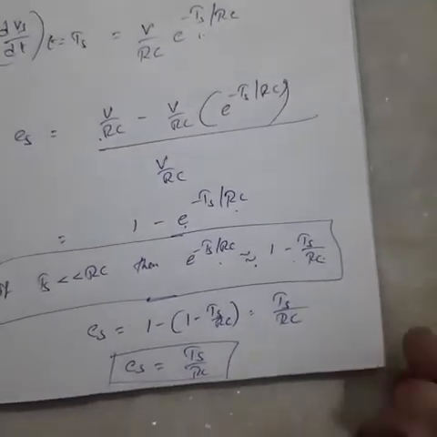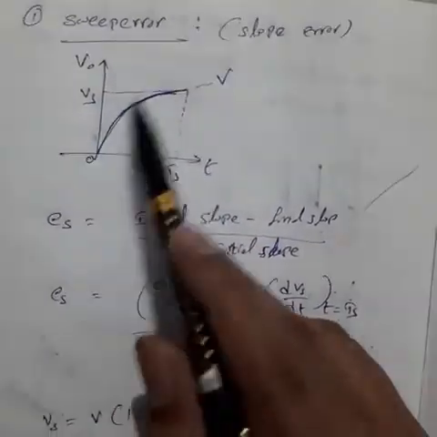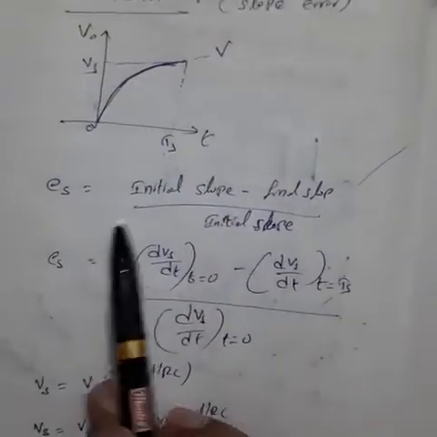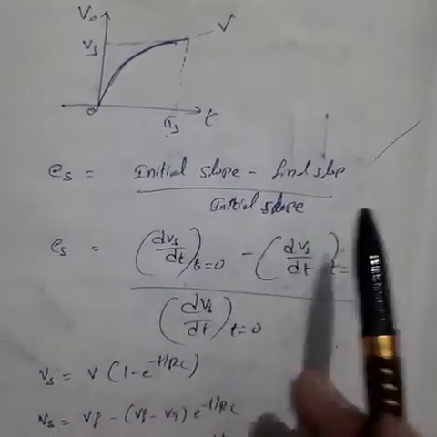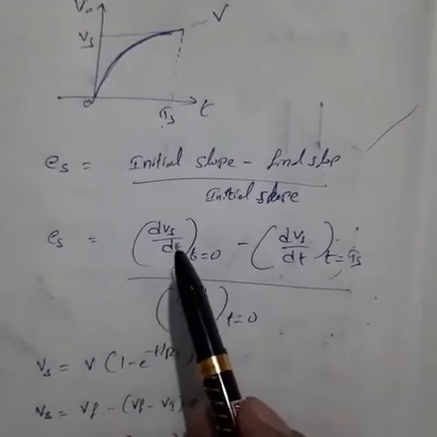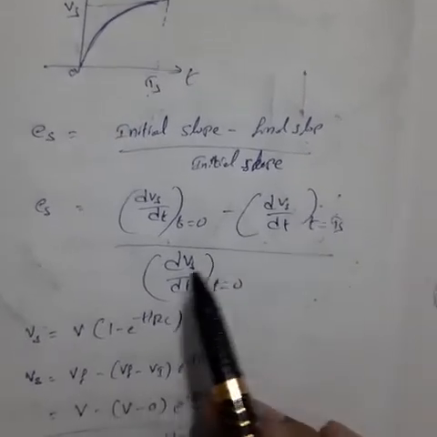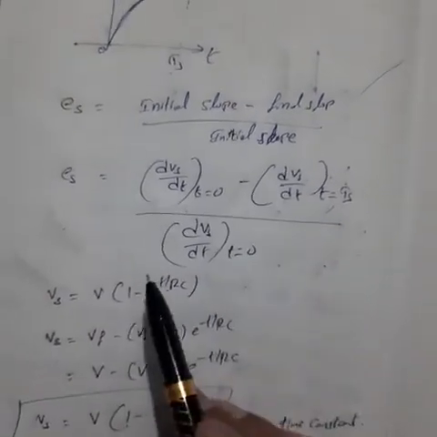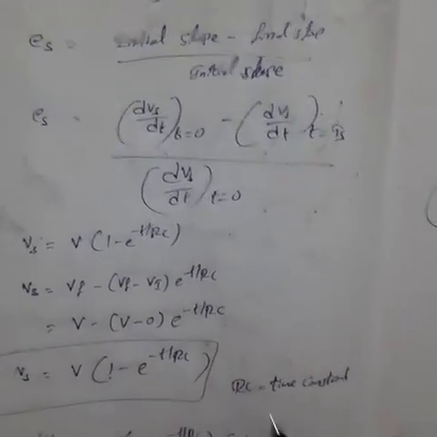Okay, this is the first error: slope error or sweep error. Just first draw the exponential signal, and then write the definition. Slope error equals initial slope minus final slope by initial slope. For that equation, dVs by dt at t equal to 0 and dVs by dt at t equal to ts, by initial slope. For exponential signals, we know that Vs equals V into 1 minus e power minus t by RC.